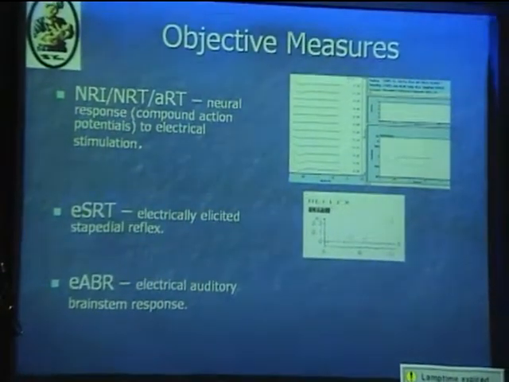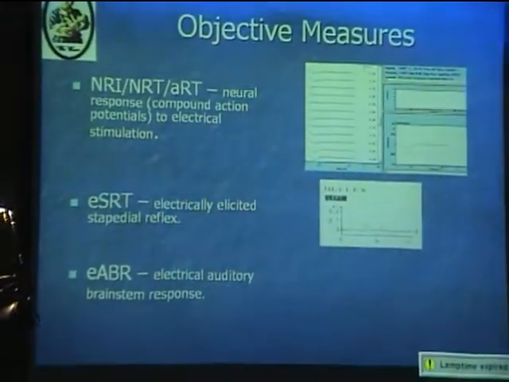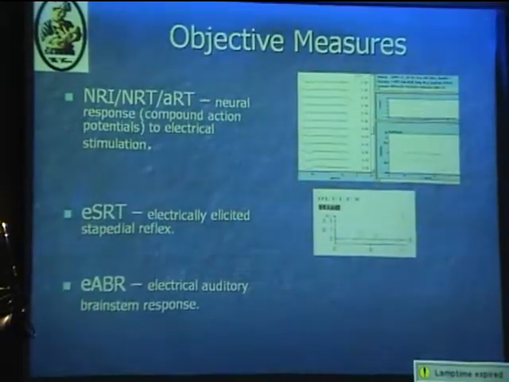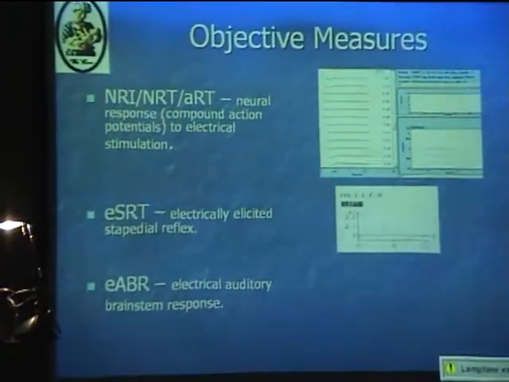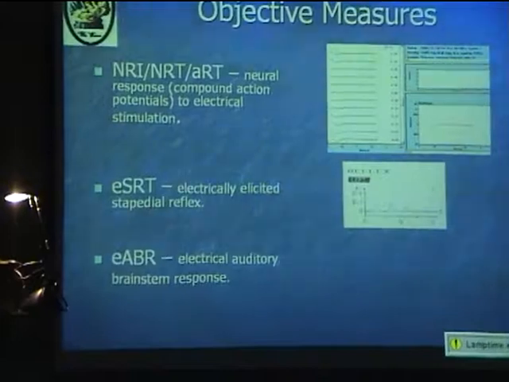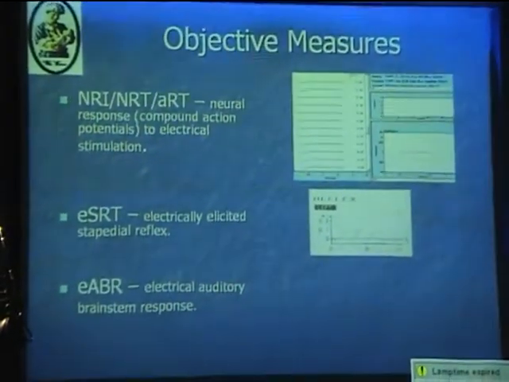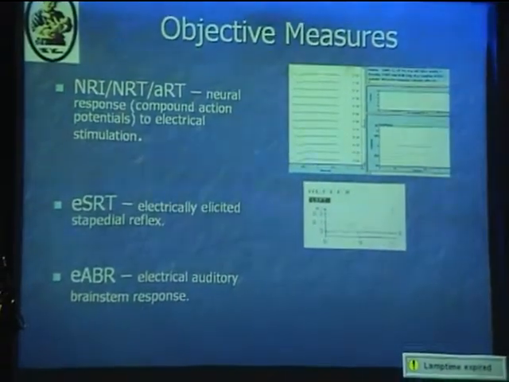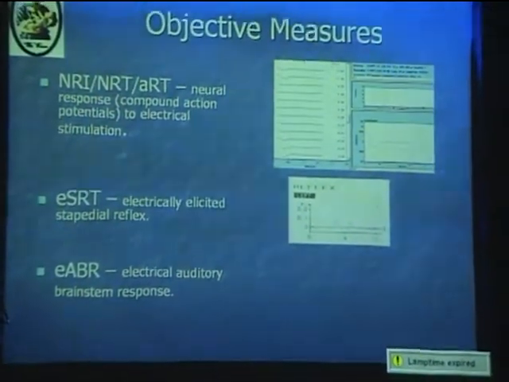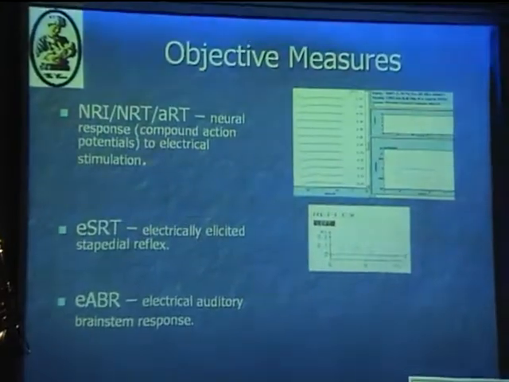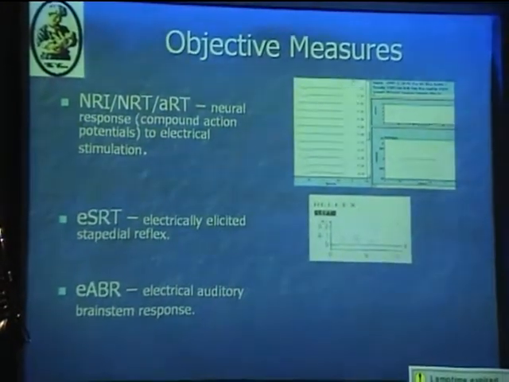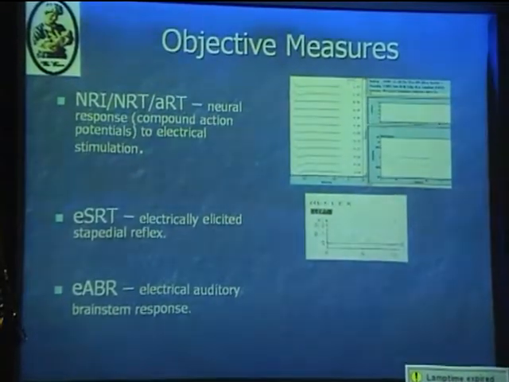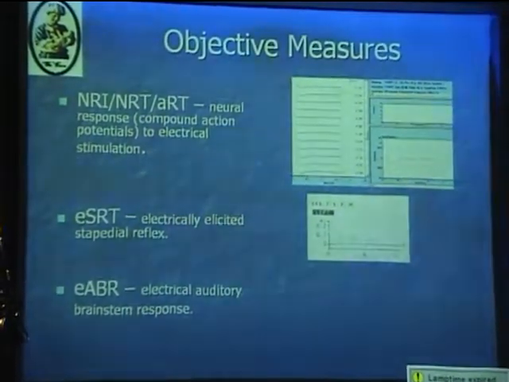The other objective measure could be the electrically elicited stapedial reflex. I have done it on a couple of young kids and have got very good results with the ESRT. It's not at all difficult to obtain these responses, and these responses can really help in giving a comfortable map, because you then avoid any overstimulation.